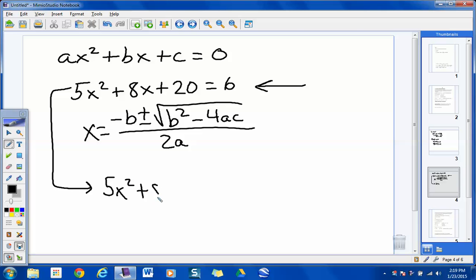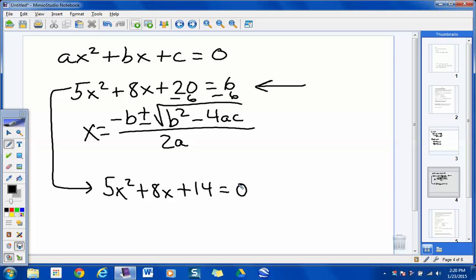Okay. So in this case right here, this would get written as 5x squared plus 8x. What are you going to have for your c value here? If I subtract 6 here and I subtract 6 here, what are you going to have? Plus 14, right? So to make sure we understand this right here, do we understand why this is a quadratic? What's the highest degree? 2. Okay.